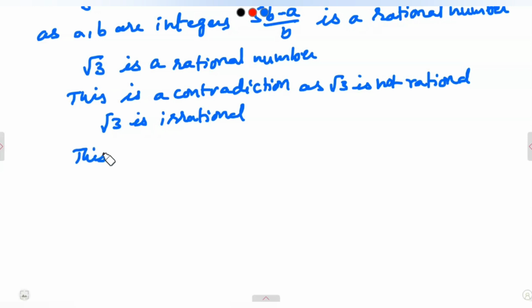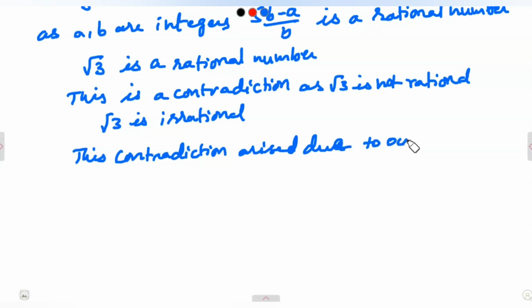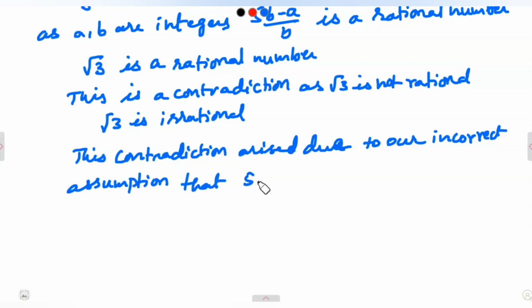This contradiction arose due to our incorrect assumption that 5 minus root 3 is rational.